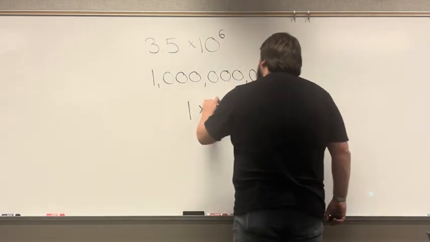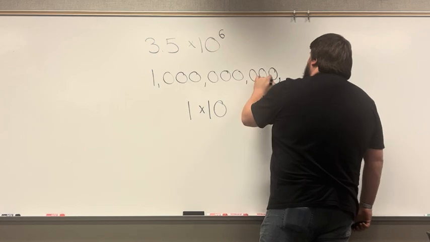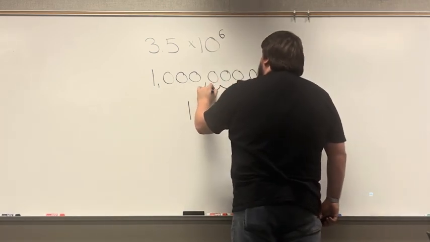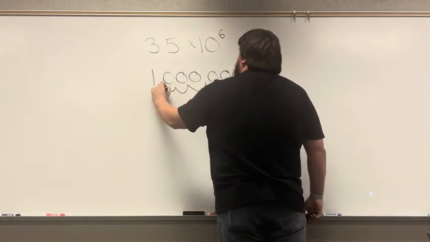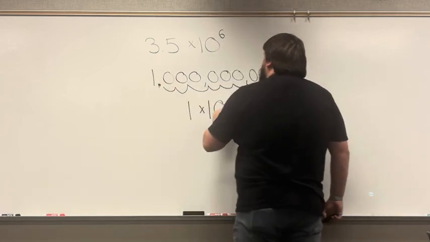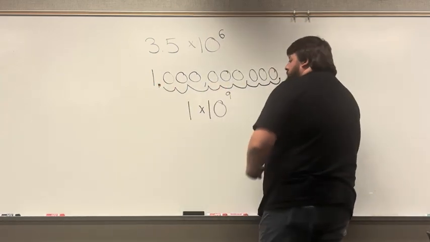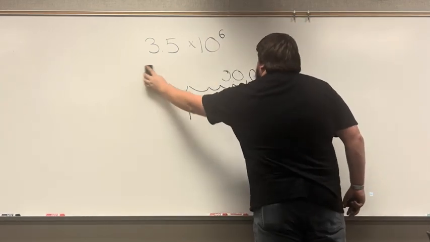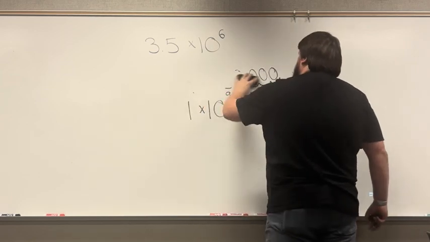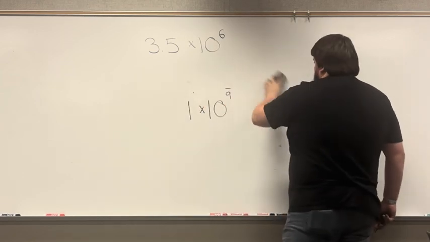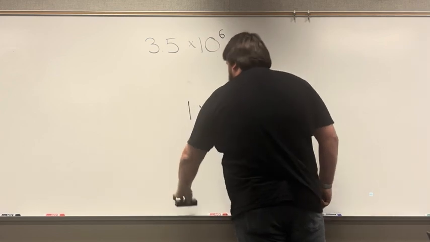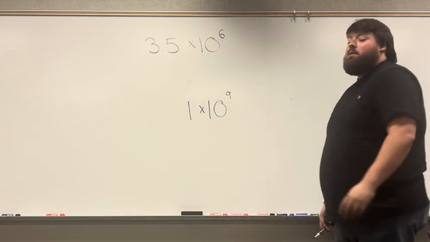I'm going to make that 1 times 10 to the 1, 2, 3, 4, 5, 6, 7, 8, 9. So we're going to have 1 times 10 to the 9th. So let me erase all this. 1 times 10 to the 9th.